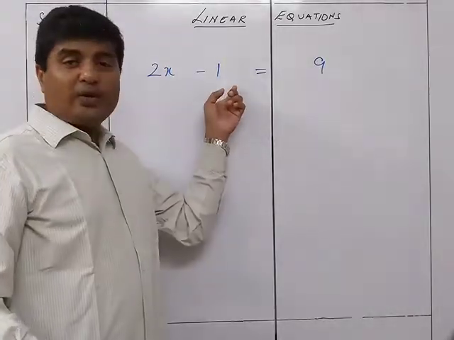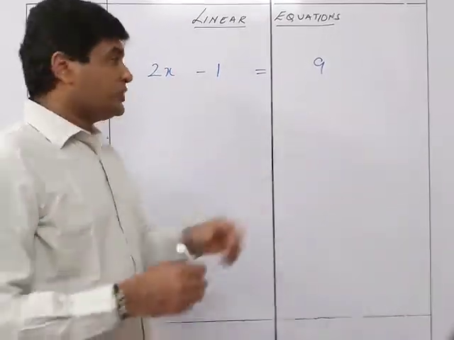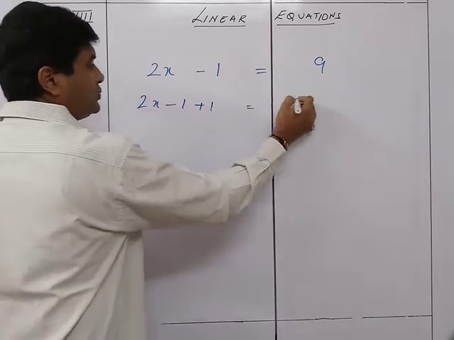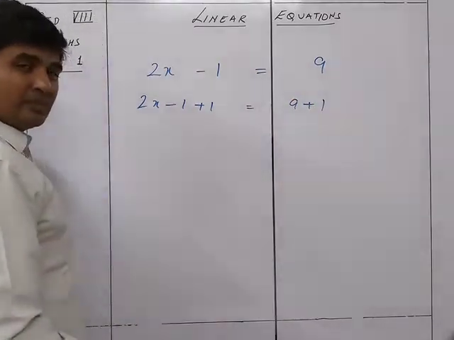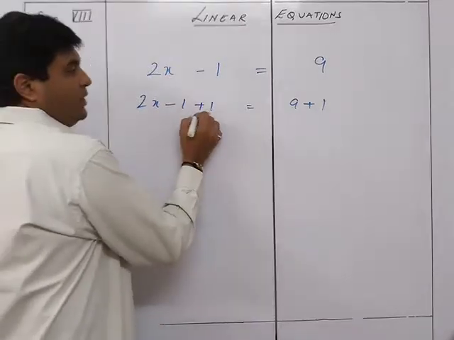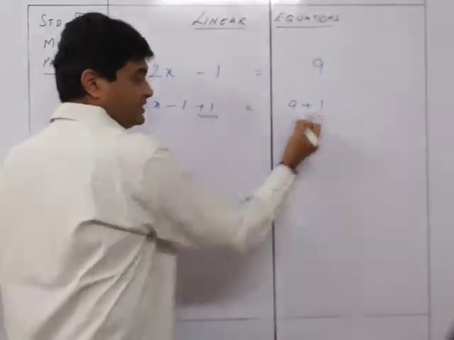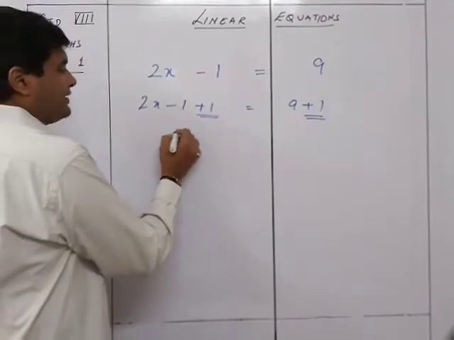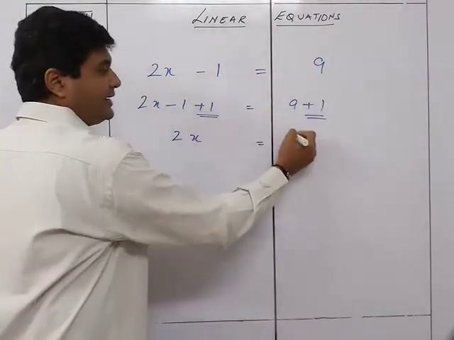But if I add 1 over here, I'll have to add 1 here also. So it will be 2x minus 1 plus 1 is equal to 9 plus 1. So I added 1 on this side, and I added 1 on this side. And the result: here I got 2x, and here what did I get? 10.